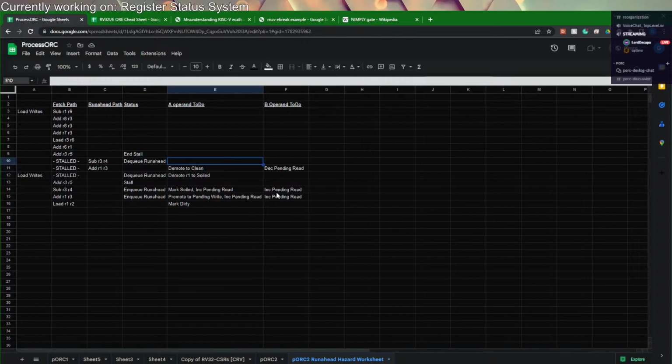Okay, so I think we need to do something with this. Registers need to be marked. So if an operand was dirty simply because of forwarding, like right now this sub, there's a pending read on R3.